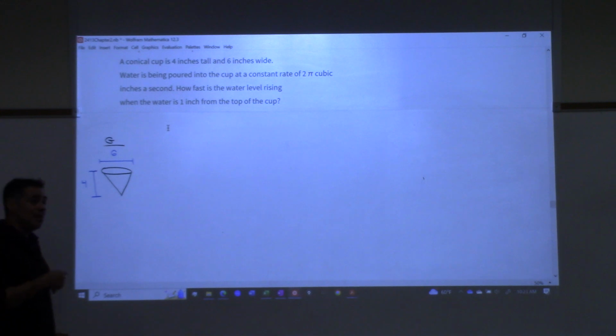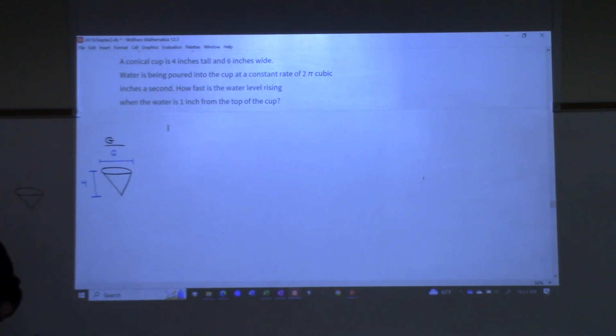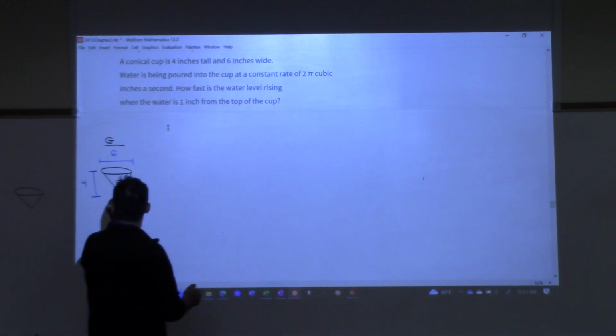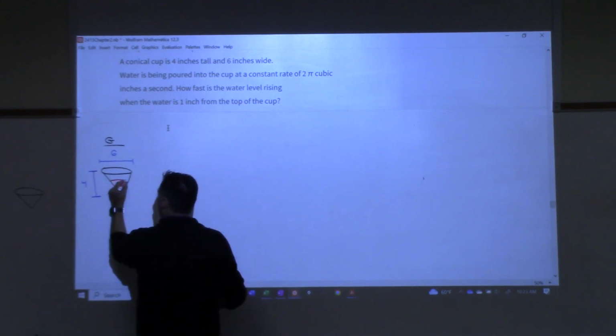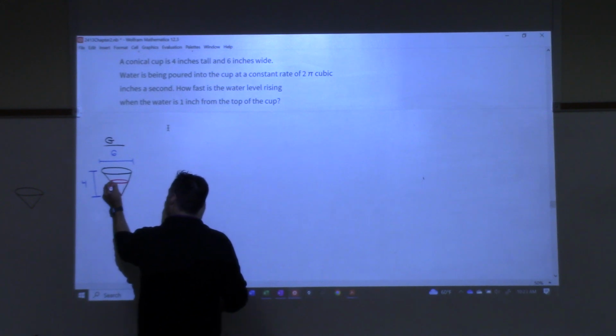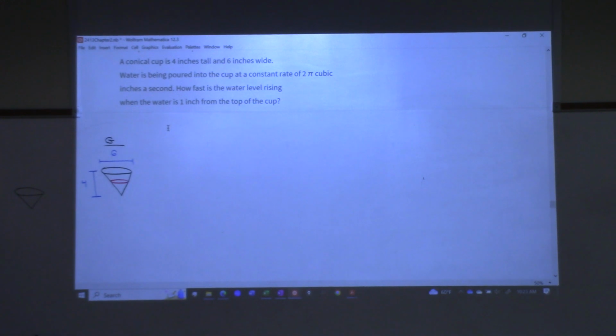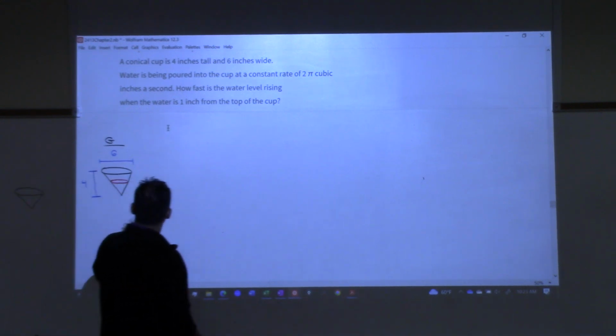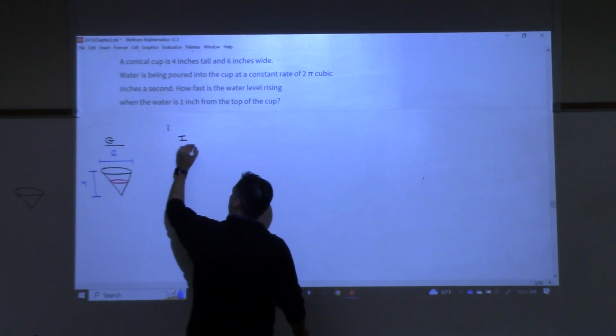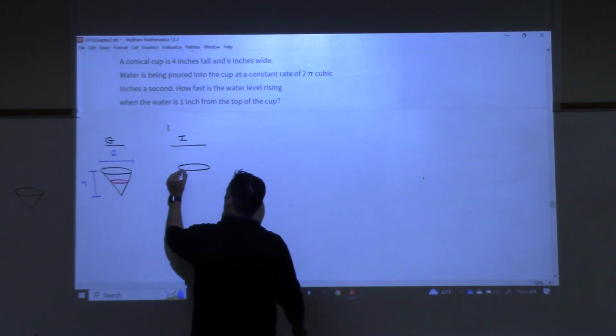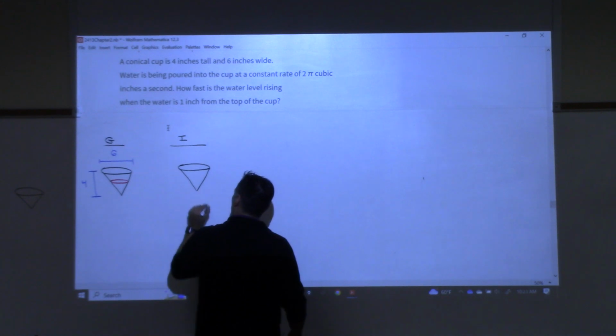Now, inside the cone, I have water, right? That's a different thing. That's changing. So inside of here, I'm going to put my red water in here like this. Okay, and that water level is at different places at different points in time. That's my general picture. At the instant in time, I have the same conical cup, right?